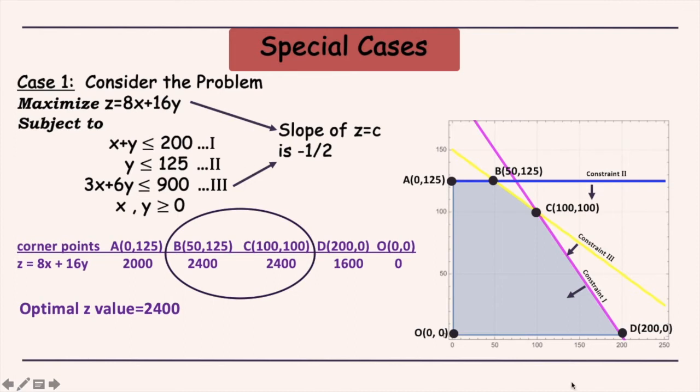Hence, if we plot the objective function line corresponding to 2400, we will see that it is coinciding with this boundary line that is given by the yellow line.